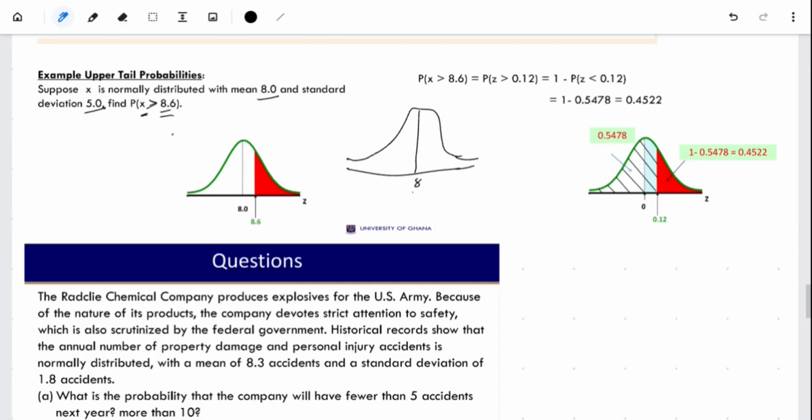And you have to find this place, exactly what we saw, 8.6. Here's your X, right? They said it's greater than, so it means it's greater than this 8.6, which means you will find the probability here. Okay, so you translate this from S to Z, and we know Z is equal to our X minus our mean.